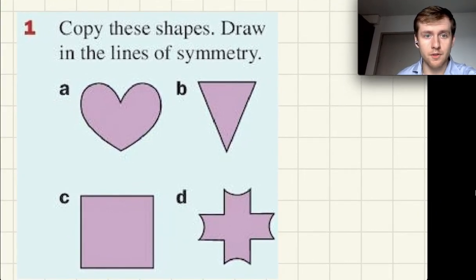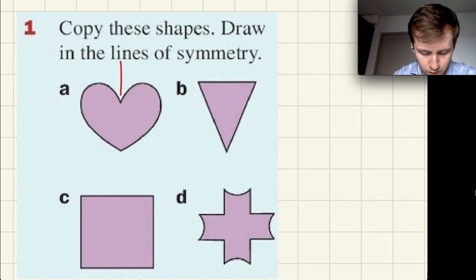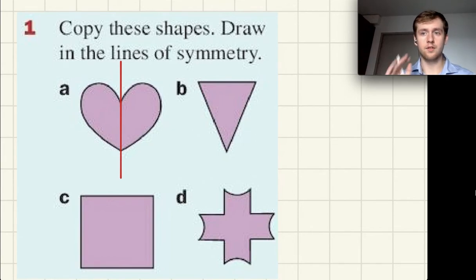So first we have this little cute heart, right? And what is the line of symmetry for this heart? I think if we fold it along this line, it's going to fit itself perfectly, like this.